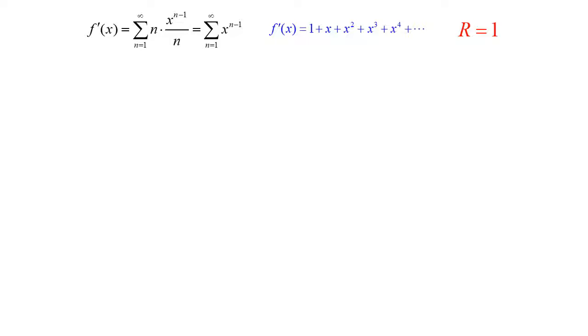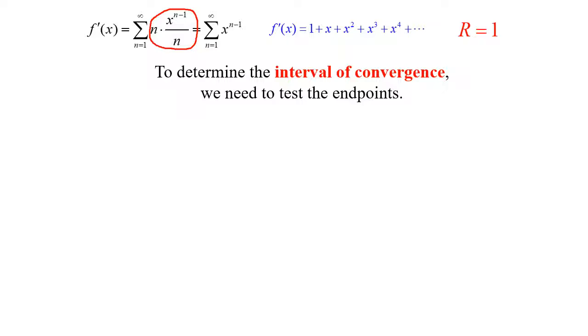Now, by the power rule, the derivative of that is n times x to the n minus 1 over n, which would come out to be just x to the n minus 1. Now, to determine its interval of convergence, when we use x equals 1, we get divergence.